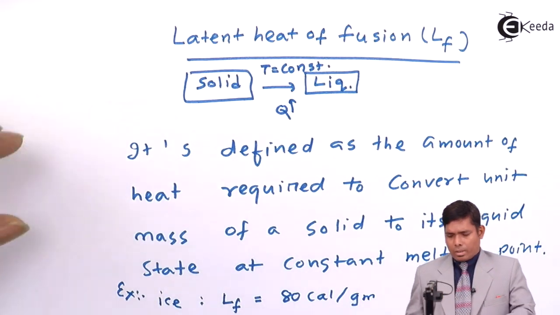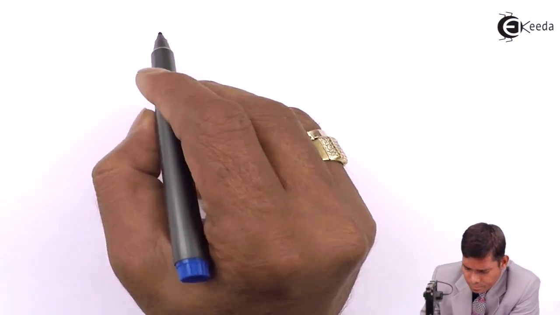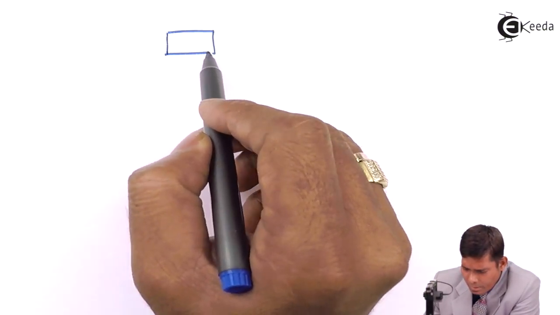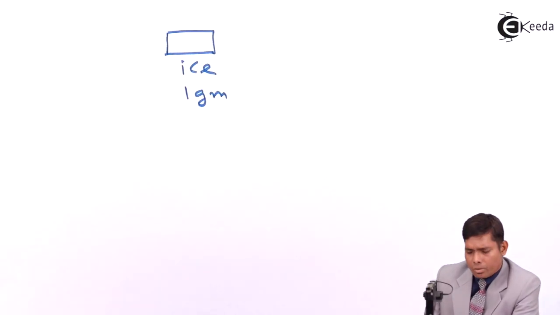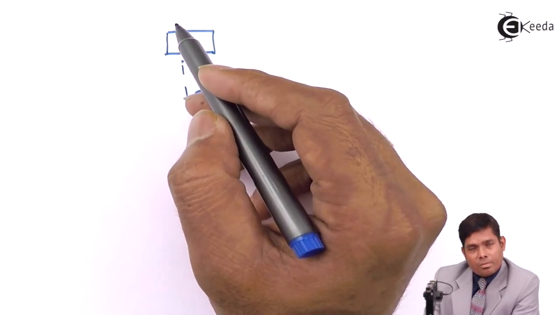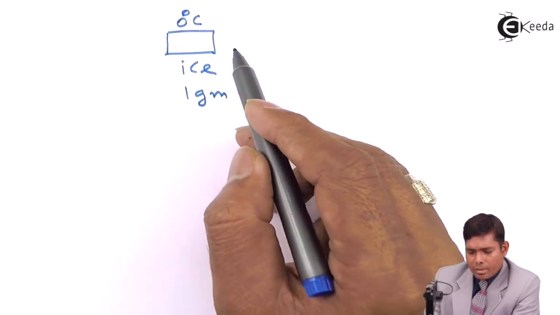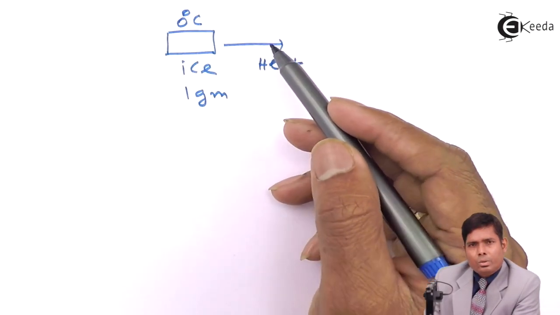Okay, so that we'll discuss a little bit here. That means what? This is my ice solid, 1 gram, and its temperature I have to mention. This is very important. Suppose the temperature is 0 degree centigrade. Now I supply heat, 1 calorie, 2 calorie, 3 calorie.